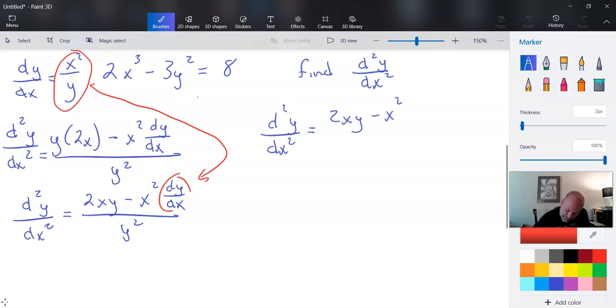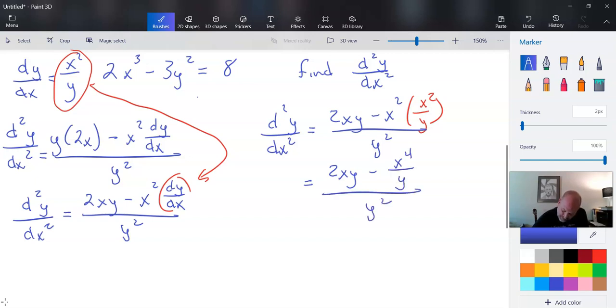But this time we're going to put in dy/dx, which is x squared over y. And that's over y squared. Well, let's simplify this term a little bit. So that would make it 2xy minus x to the fourth over y squared.